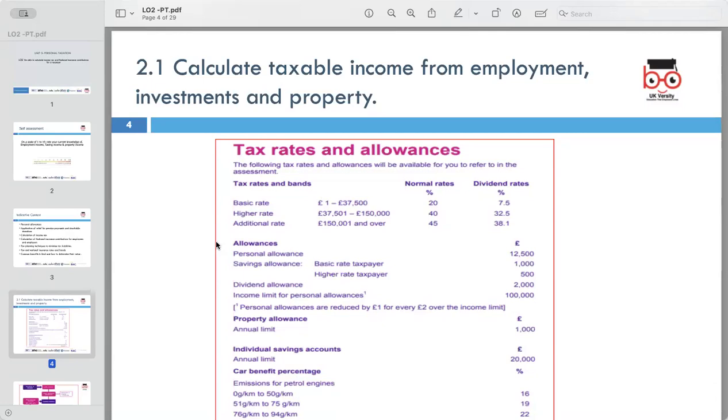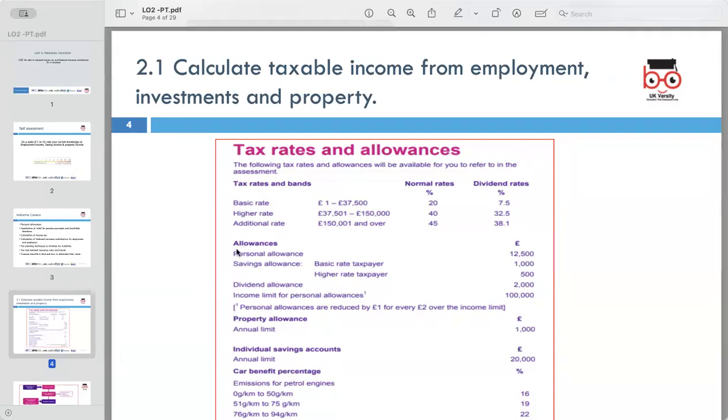For example, basic rate income up to £37,500 is taxed at 20%, dividends at 7.5%, as we discussed previously. Higher rate income between £37,500 and £150,000 is taxed at 40%, dividends at 32.5%. Additional rate income over £150,000 is taxed at 45% and dividends at 38.1%.